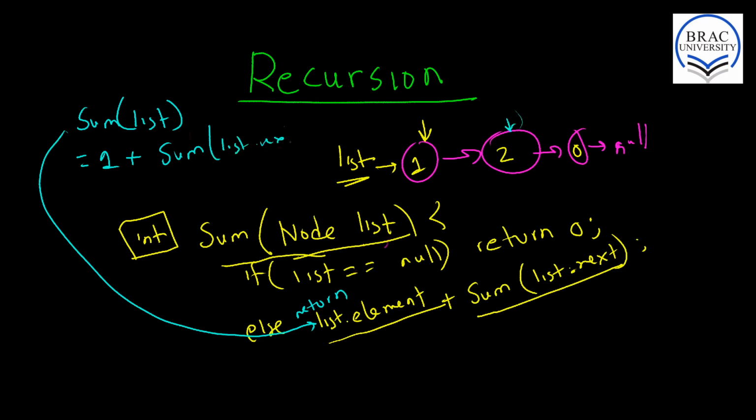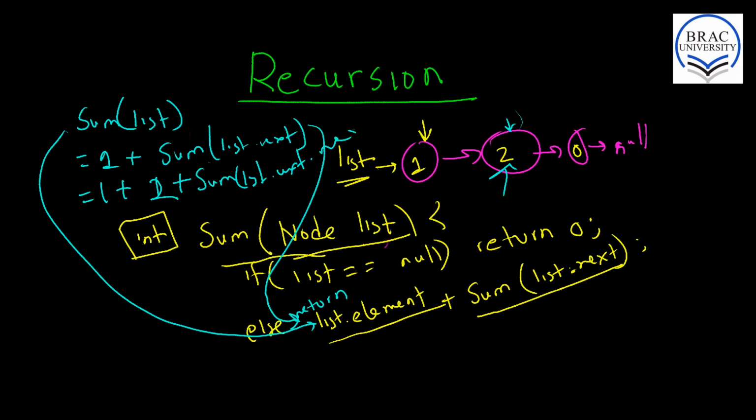This call will come to the return clause, and this node's element is 2, so this will return 2 plus sum of list.next.next. So this is list, this is list.next, and this is list.next.next.